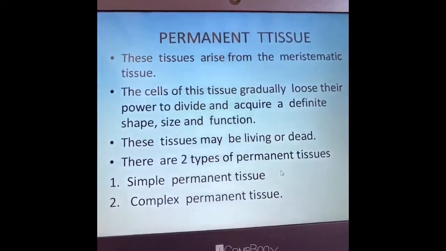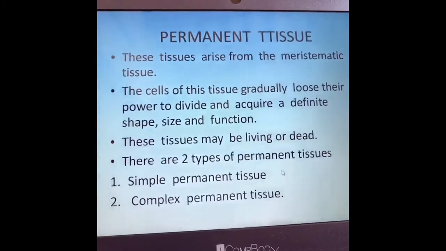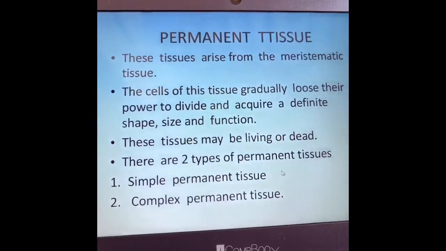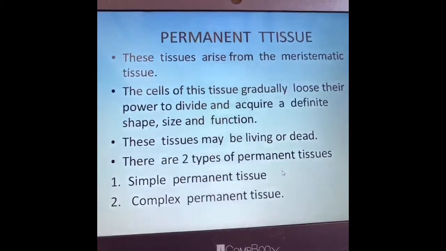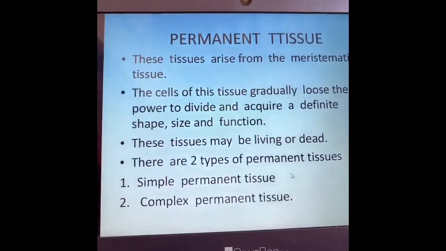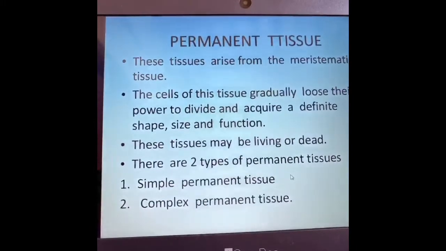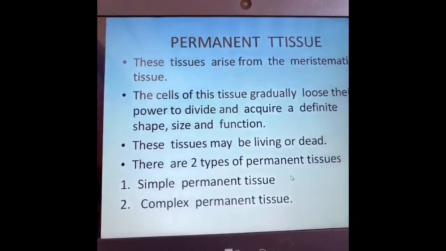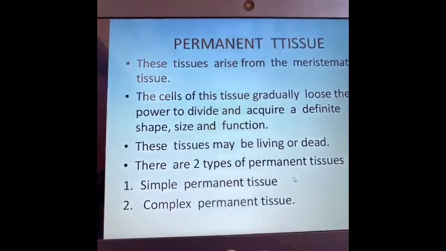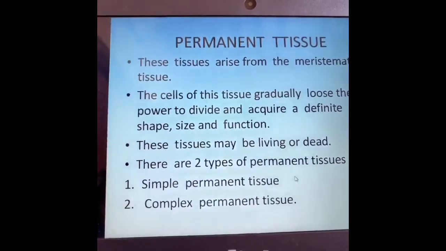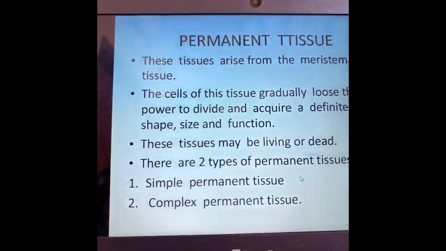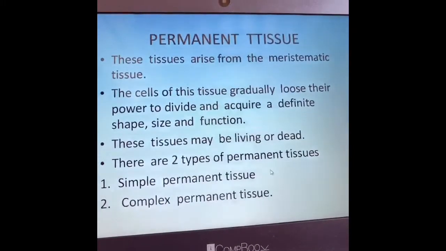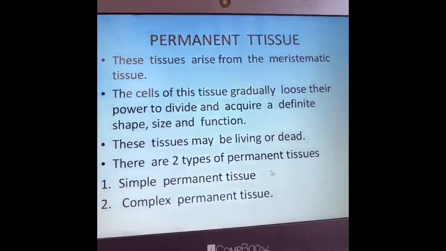So the permanent tissues are the plant tissues where the cells have lost the ability to divide, and have assumed a permanent shape, size, and function. They are derived from the meristematic cells. The process of taking up a definite shape, size, structure and function is called differentiation. So what is differentiation?